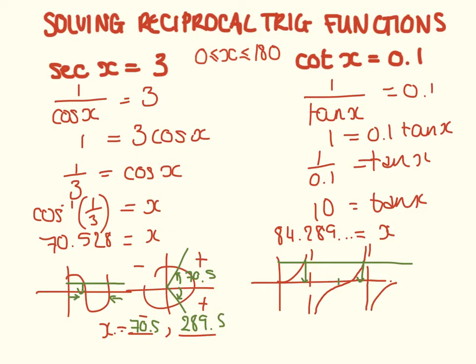So my two solutions should be 84.3 and 264.3. And in a CAST circle, we've got positives here, negative, positive, negative, straight through. So we've got 84 from 0 and then 84 on from 180, and that gives me back my two solutions, which is good.